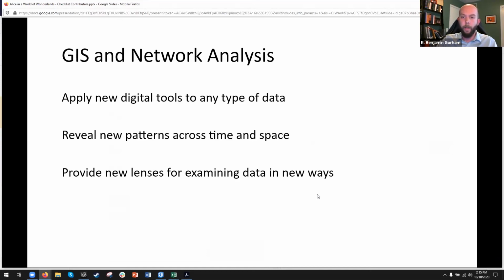The data that underpins this is invaluable, but hard to read by itself. And so we feed it into these tools, and we can reveal these new patterns across time and space.